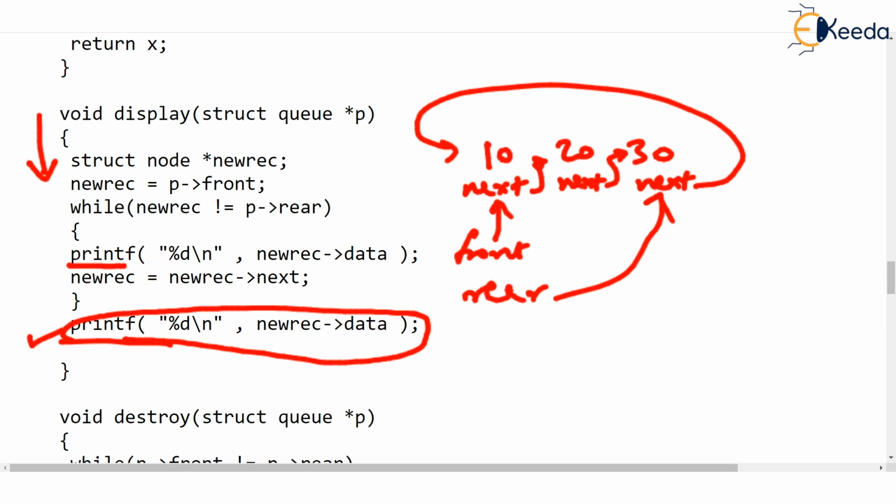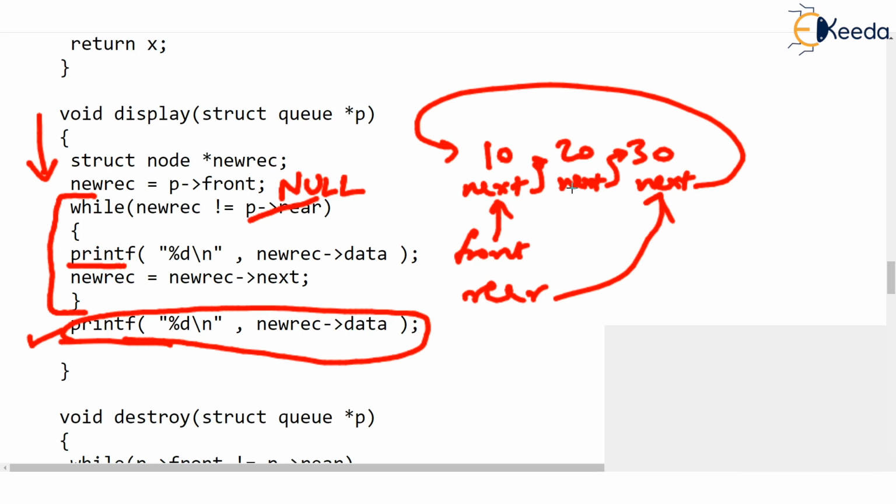Just check that this while loop which has been written is exactly the same as that of the linear queue, except in linear queue, we have written while numeric not equal to null in the display function. We had written this condition, but here we have written numeric not equal to p arrow rear. Come on, I cannot compare anything with null. There is no null pointer in circular queue.